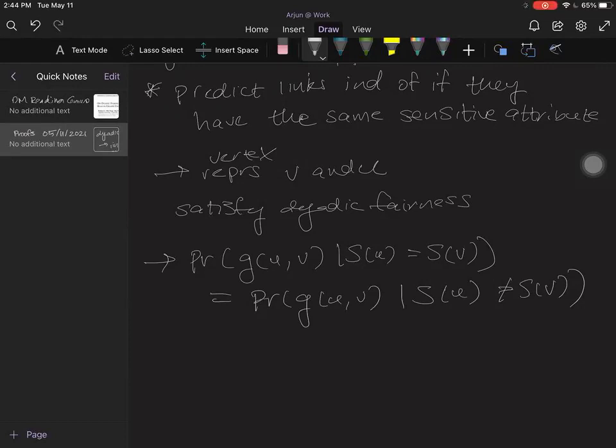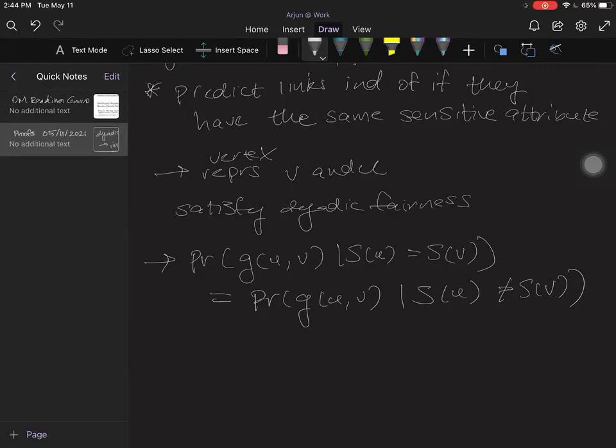And then this model still encourages these two probabilities to be the same. Yes. Then at the price of the prediction accuracy going to be low.